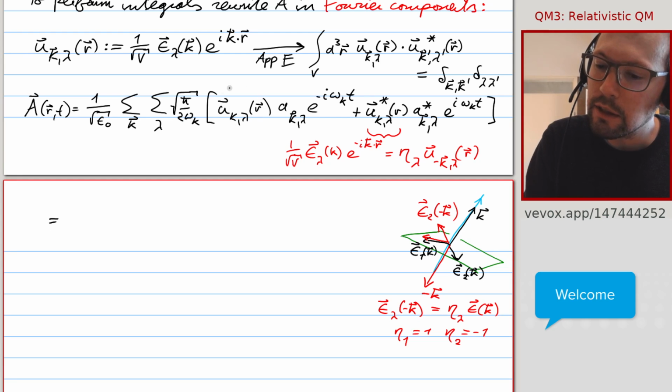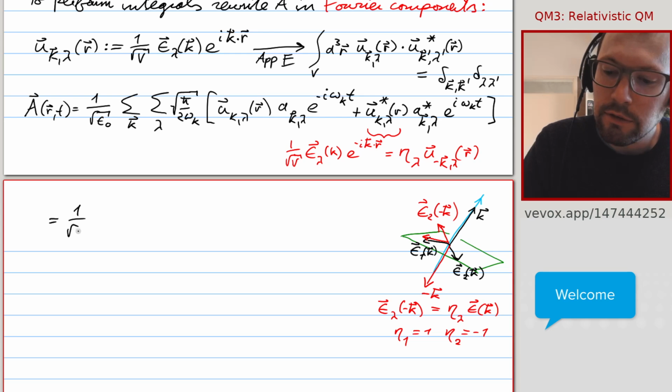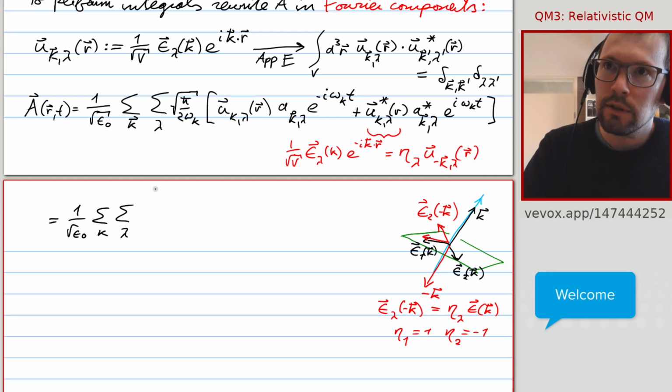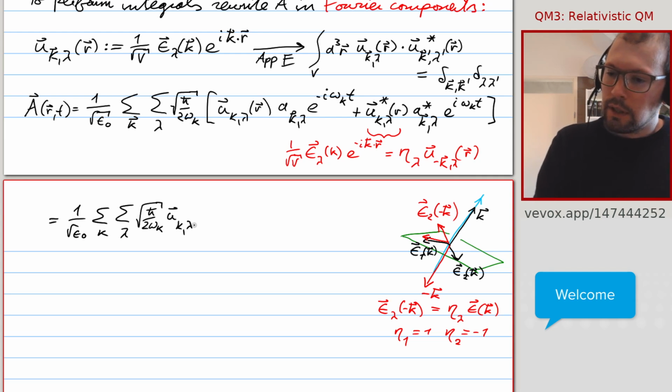So now we can take the Fourier component outside. Why can we take it outside? We still have a minus k here.